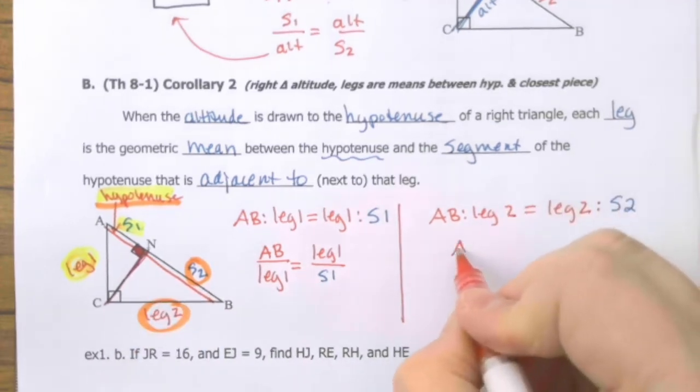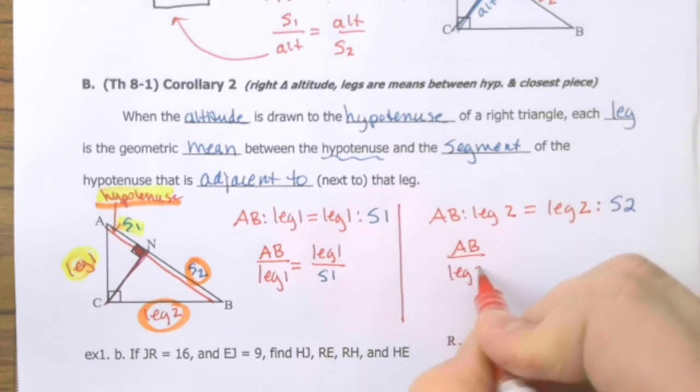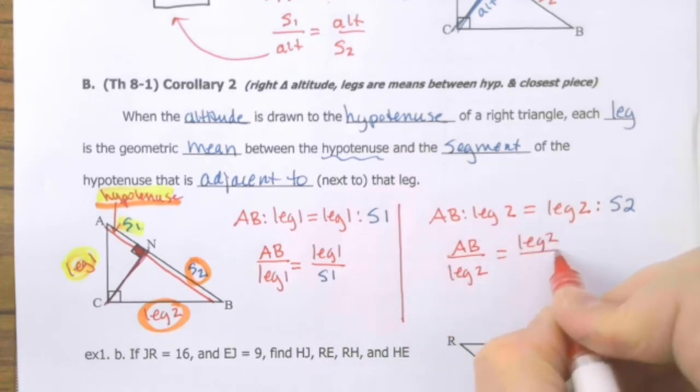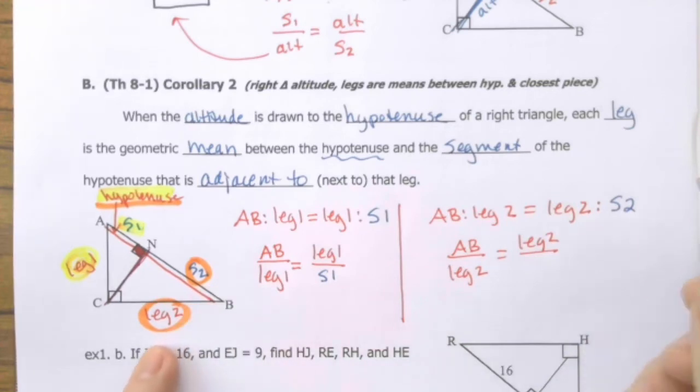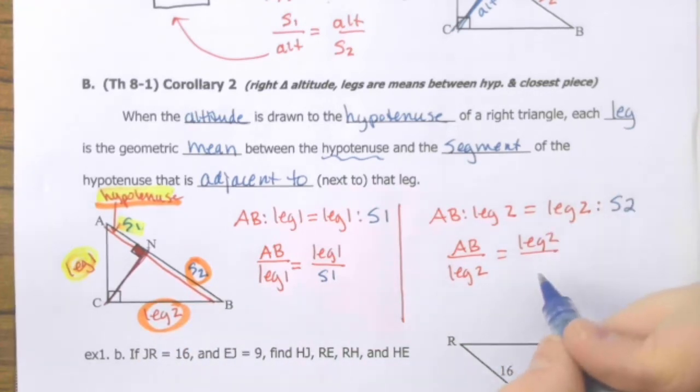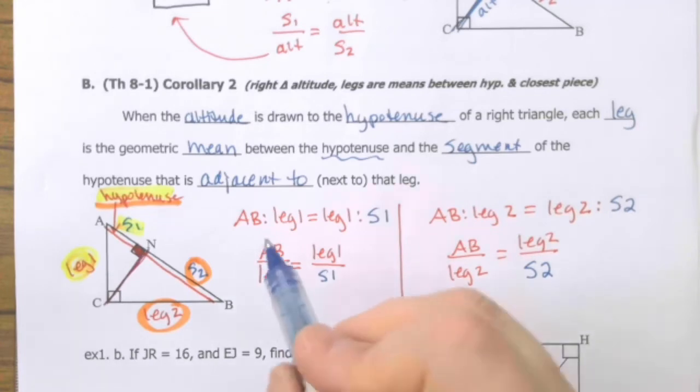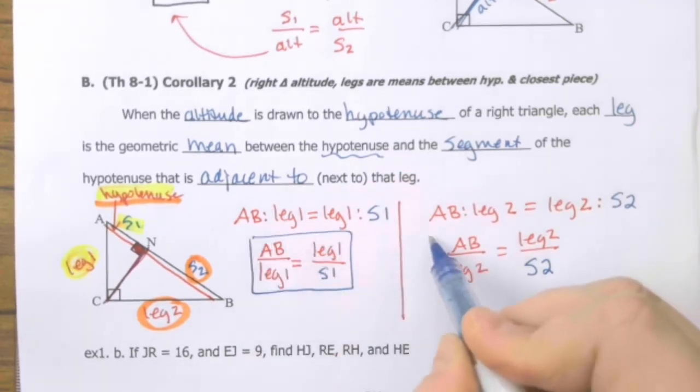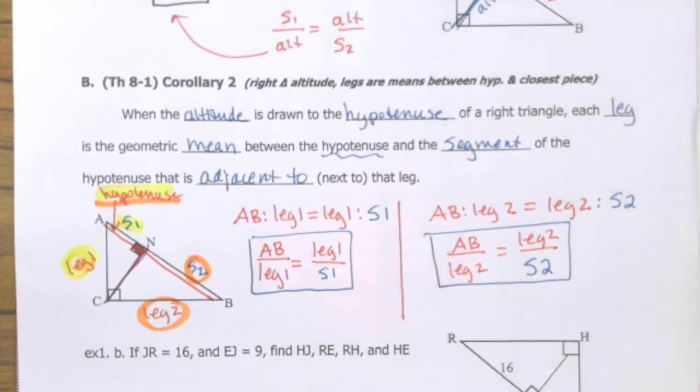So hypotenuse AB over leg 2 equals leg 2 over the segment closest to that leg, which is segment 2. And those are your two relationships that are provided by this corollary.